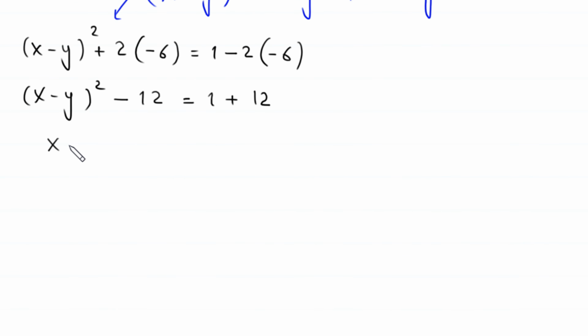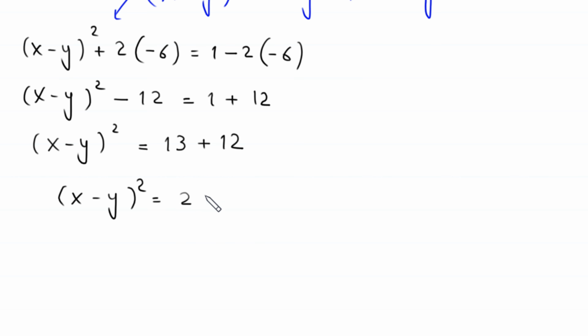Next, x minus y whole squared is equal to 1 plus 12 will become 13, and we move this negative 12 to the right hand side, this will become plus 12. And x minus y whole squared is equal to 13 plus 12 will become 25, and from here we take a square root of both sides.